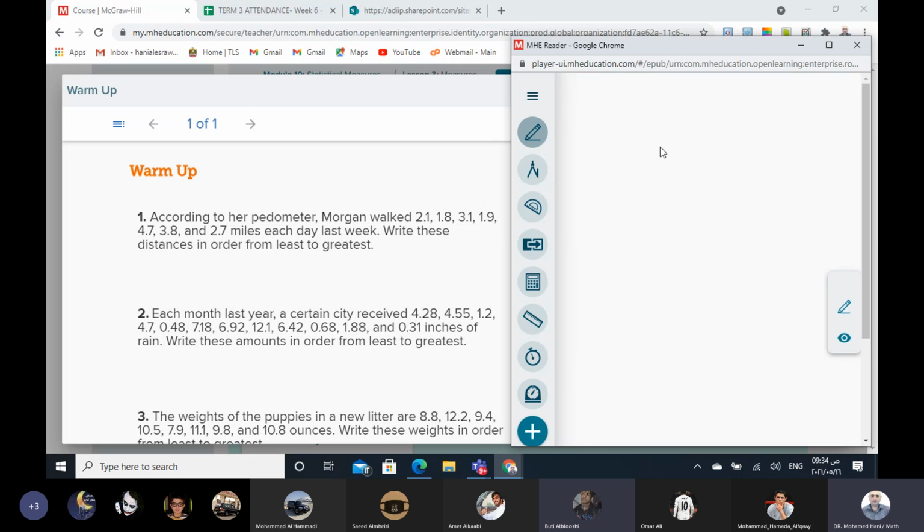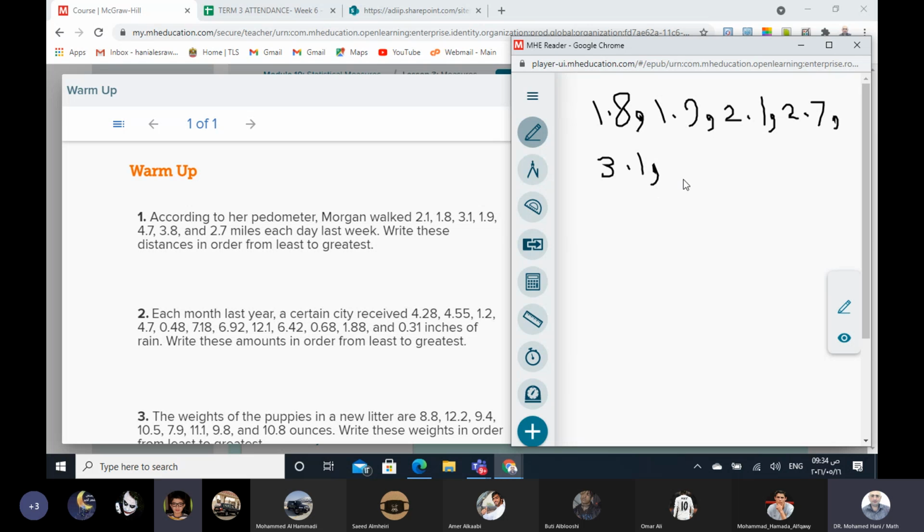What is the smallest number? 1.8. Then 1.9, 2.1, 2.7, 3.1, 3.8, and 4.7.